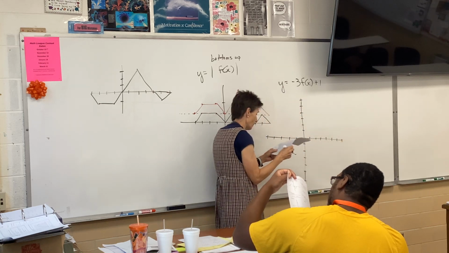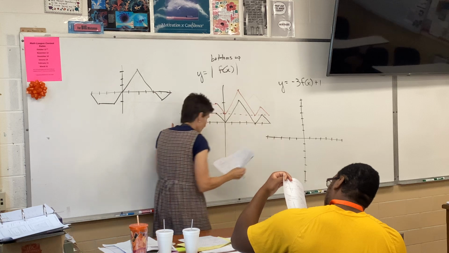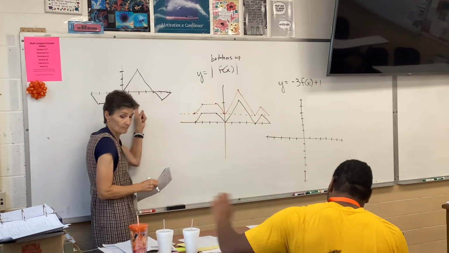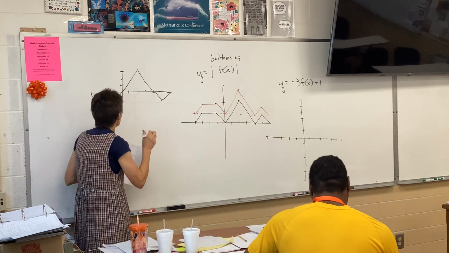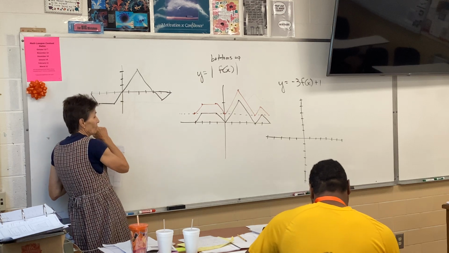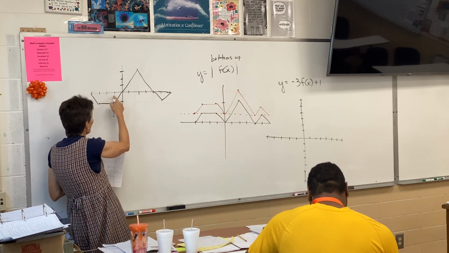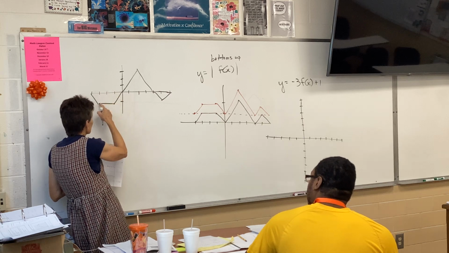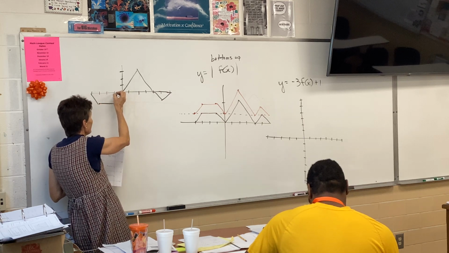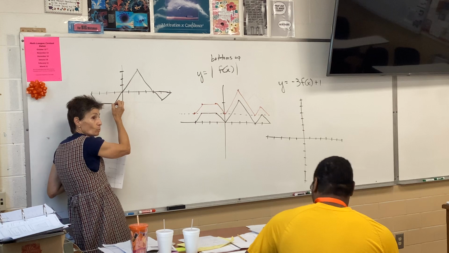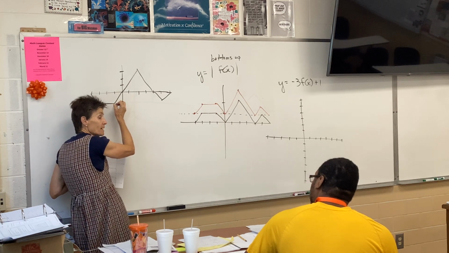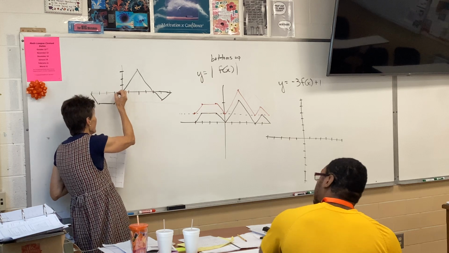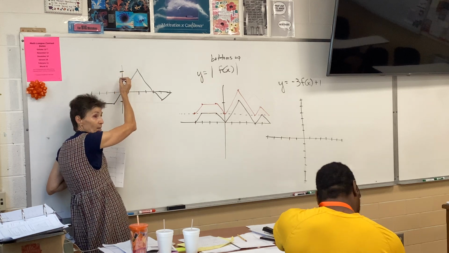All right, so here we go. So I'm gonna take my original picture, which is this guy right here. And in the original picture, how far down does this trapezoid go? Left one, down one. If I times that by -3, it's gonna go left one and up 3.